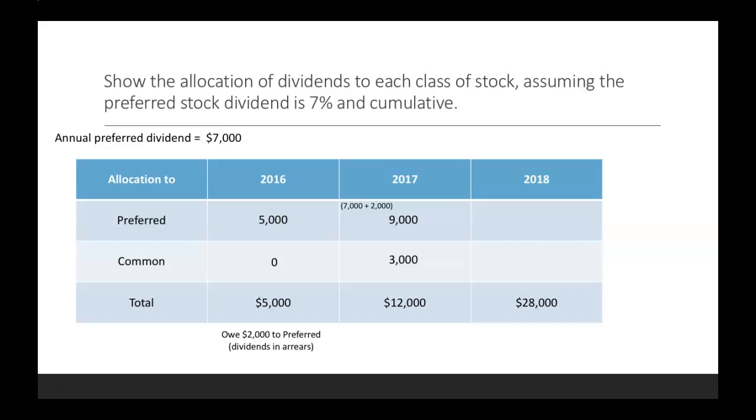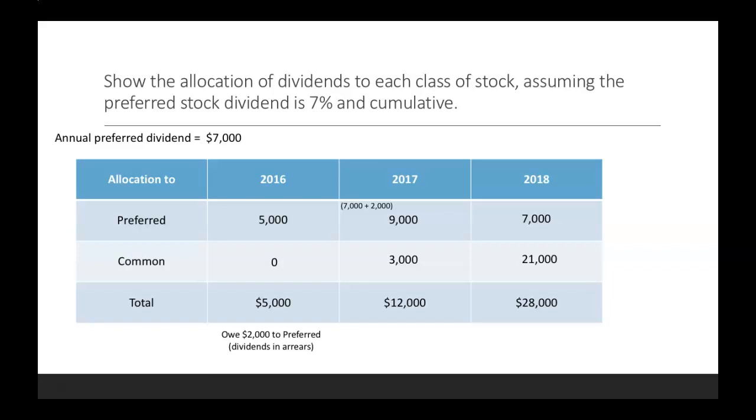So, preferred shareholders, they're supposed to get $7,000 every year. We don't owe them anything from previous years anymore, so they will just get their $7,000. So if we are giving preferred $7,000, that means that there's $21,000 of dividends left over for common.